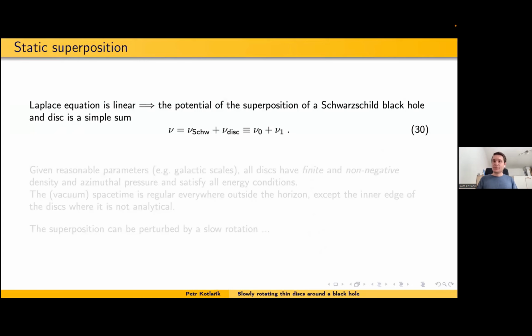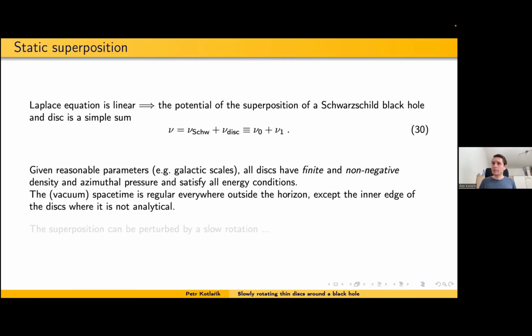Great, and then we have the Laplace equation. Therefore, to do a superposition with a black hole is very easy. You can just sum the contributions from the Schwarzschild black hole and the disk, and you have the full solution. And given reasonable parameters, for example, on galactic scales, all these disks are finite, have finite and non-negative density, and also azimuthal pressure, and satisfy all the energy conditions.